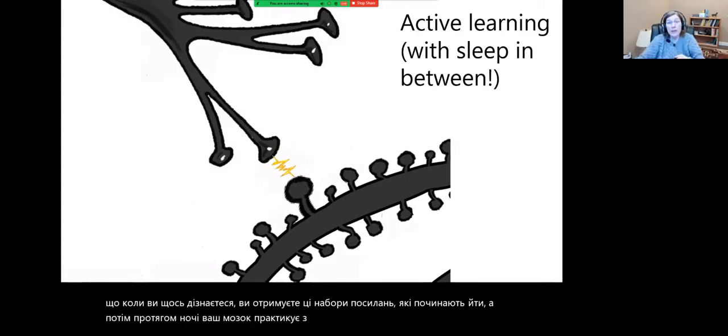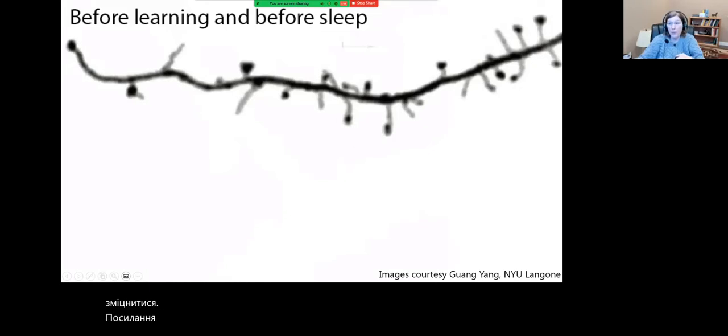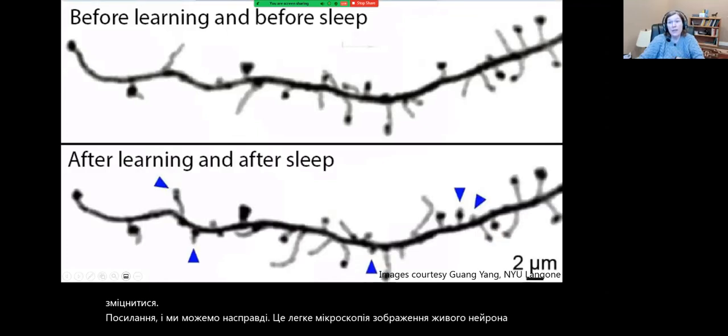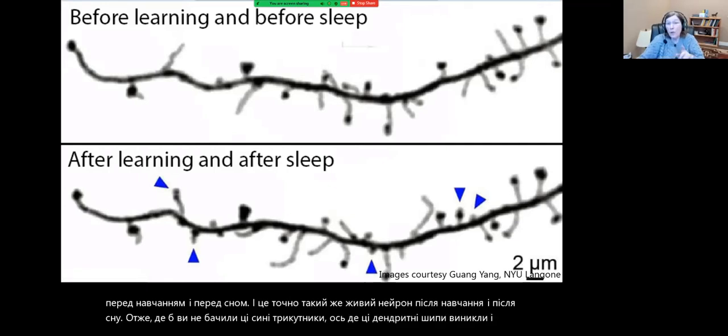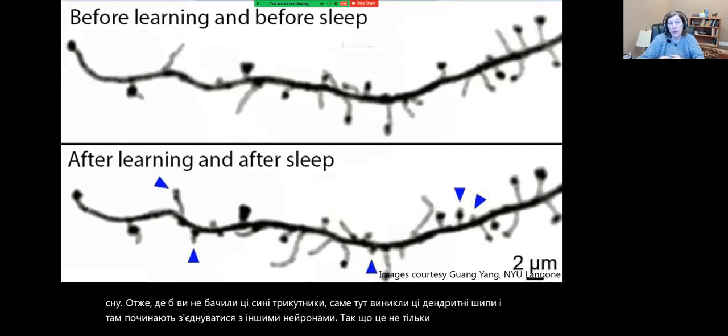This is a light microscopy image of a living neuron before learning and before sleep. And this is the exact same living neuron after learning and after sleep. Wherever you see these blue triangles, that's where dendritic spines have arisen and they're starting to connect with other neurons. So it's not only the learning, it's the sleep that helps to build these neural connections.